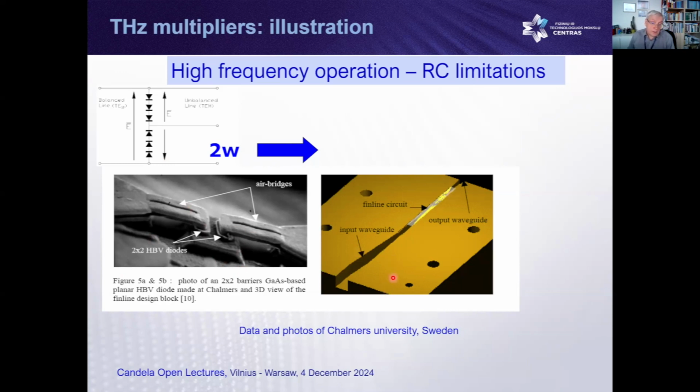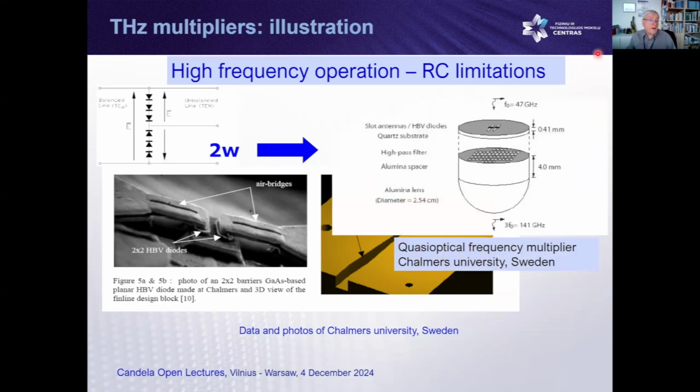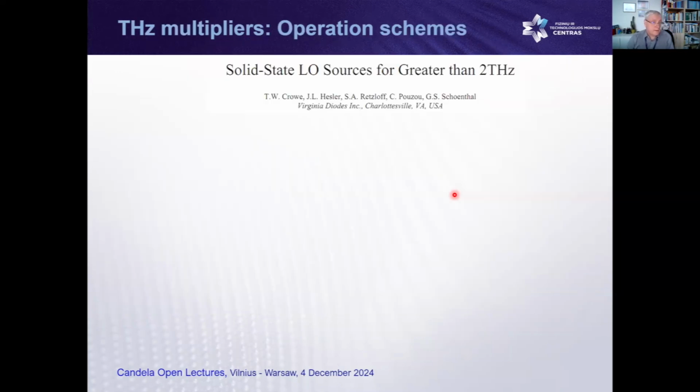And here is some integration of this device in the waveguide. So what we have here is quasi-optical. We can play not only waveguide schemes but optical schemes, and anyway, the stuff is delicate. We need a very precise game regarding electrical parameters, in particular resistance and capacitance.